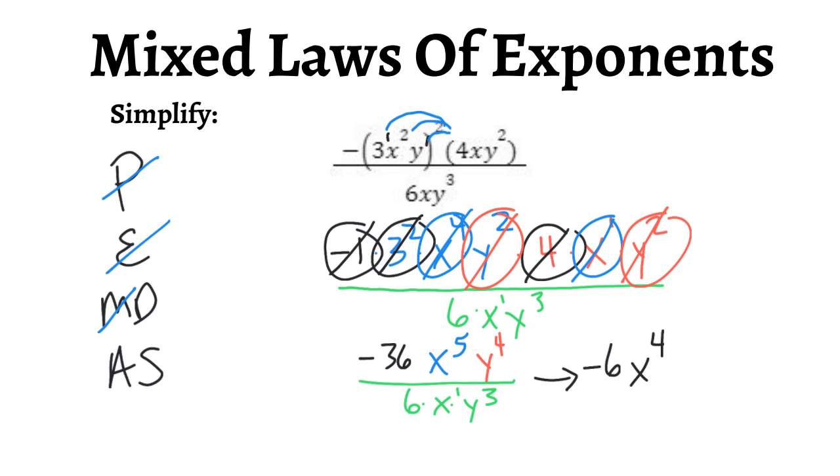And then for the y's, we have 4 minus 3, which is also going to be just y to the 1 power, or just 1y. I don't have any negative exponents here. I cannot simplify any further. And this is going to be our simplified solution.